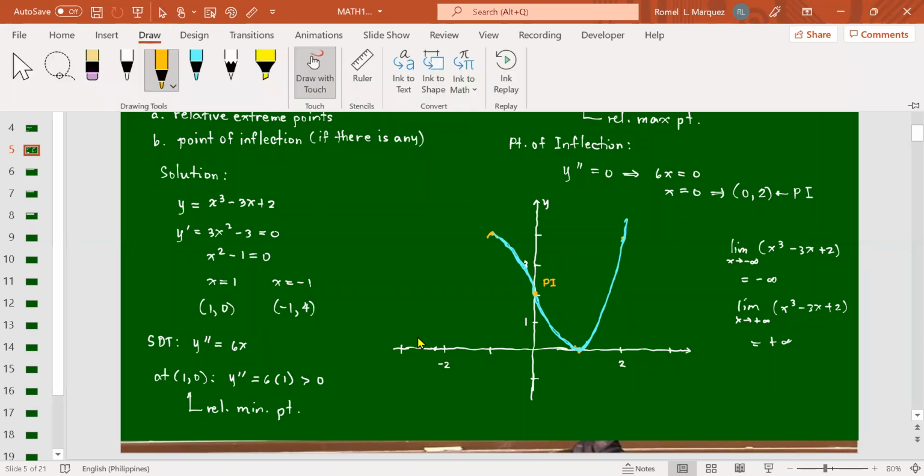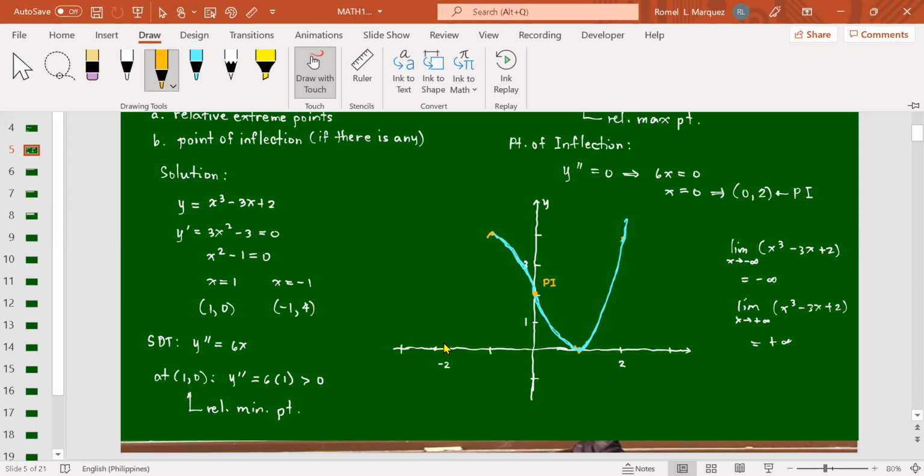And what about the x-axis? If this is equal to 0, could you please get the value, guys? Is it manageable in your calculator? It's not negative 2, is it? Let's check negative 2: negative 8, plus 6, plus 2.